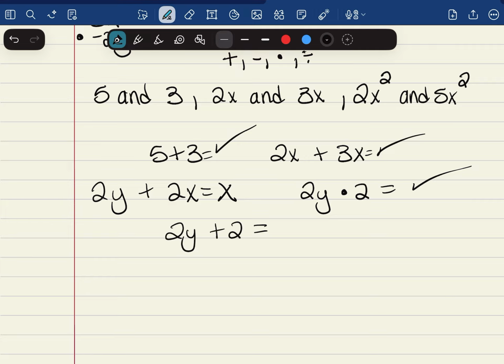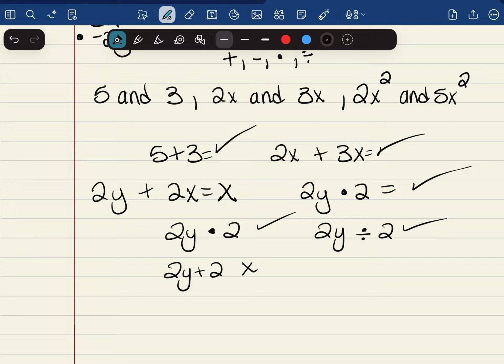I can't force myself to add on non-like terms. However, I can force myself to multiply these two. I could do that. I could do divided by 2. I cannot do 2y plus 2 or 2y minus 2.